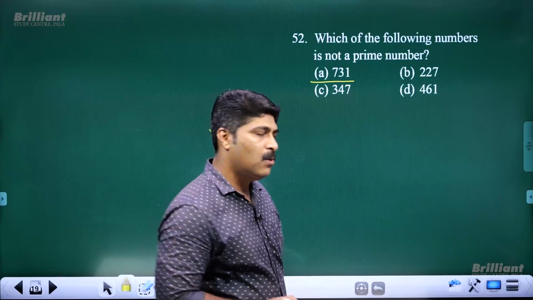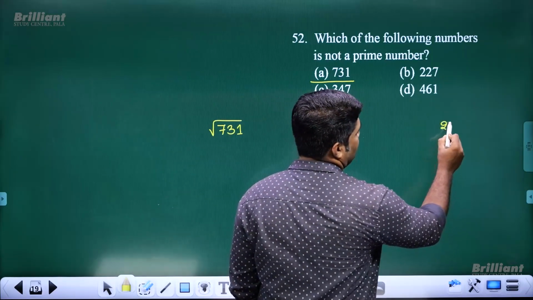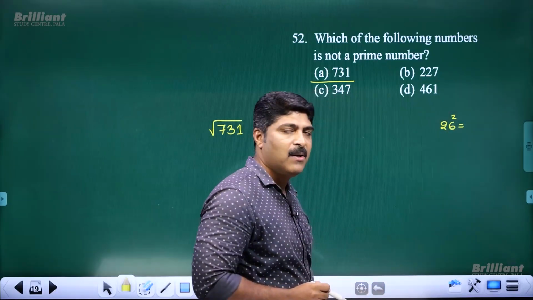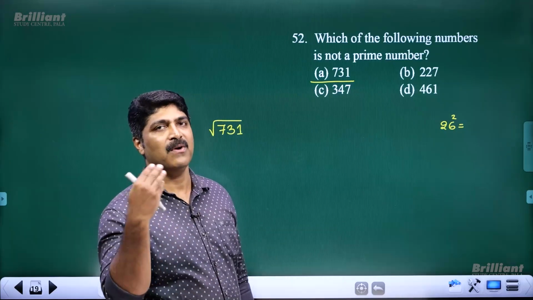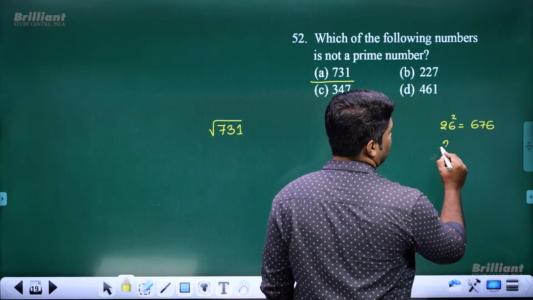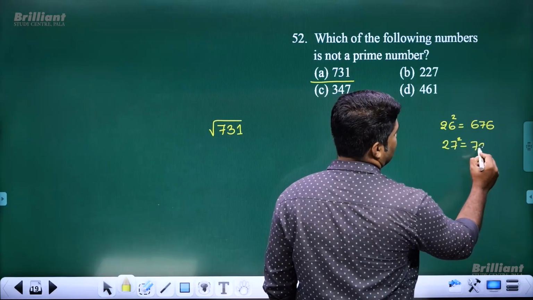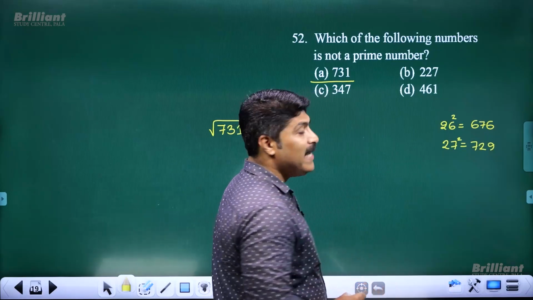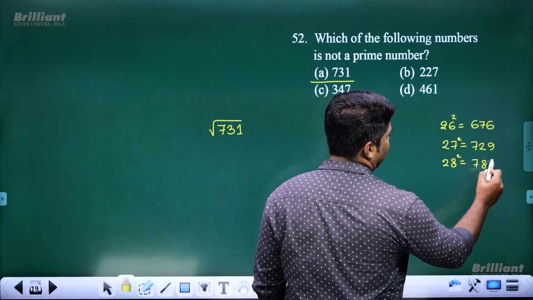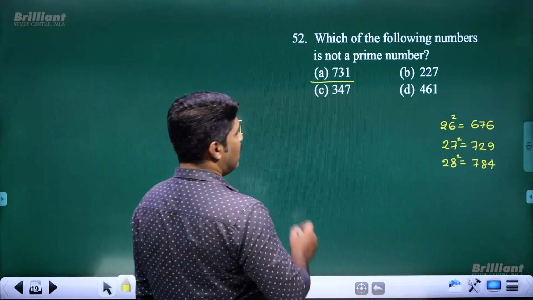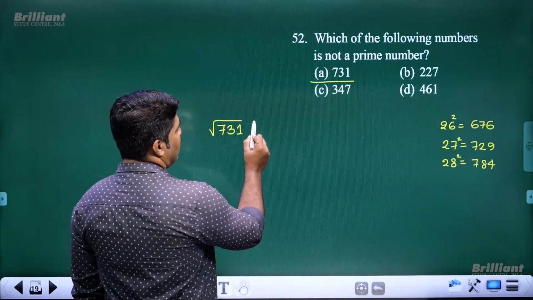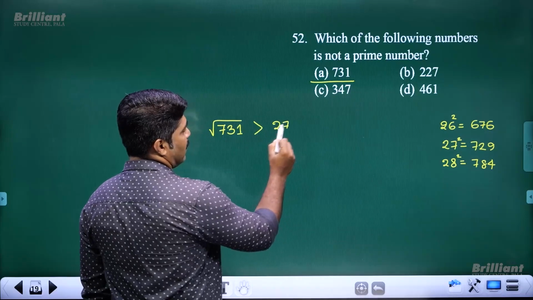Here we know that 26 square is 676, 27 square is 729, and 28 square is 784. Look at this number: 731 lies in between these two numbers, right? So 731 is immediately greater than 27 square.